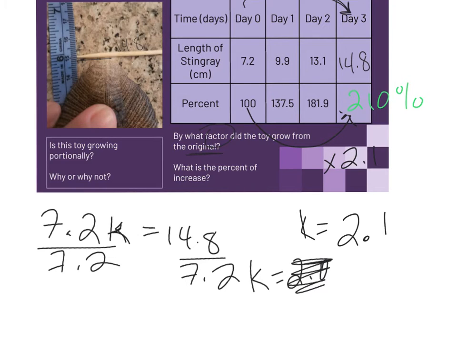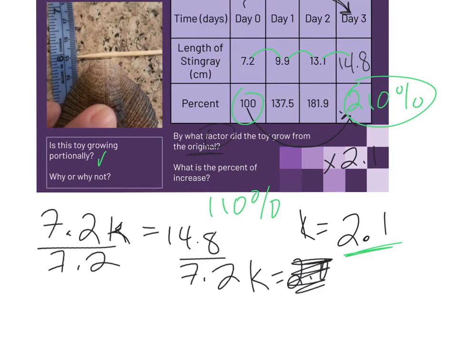Moving on, what is the percent of increase? I went from 100 to 210, so that's an increase of 110%. Now, is this growing proportionately? No, because we get 2.1 as a scale factor, and from here to here was 1.375, and from here to here was 1.819, and then from here to here it's 2.1, so none of those are equivalent.